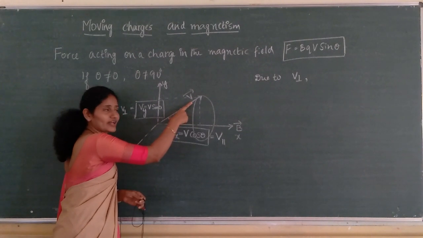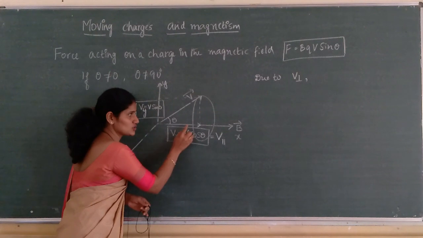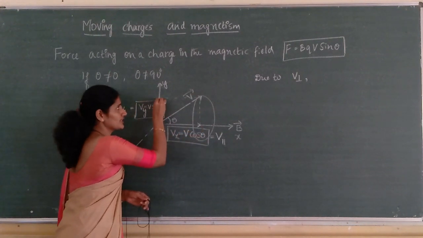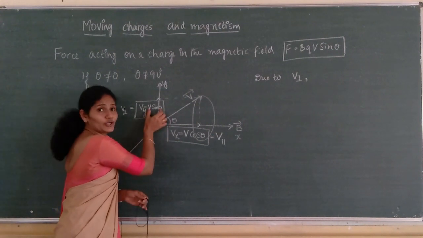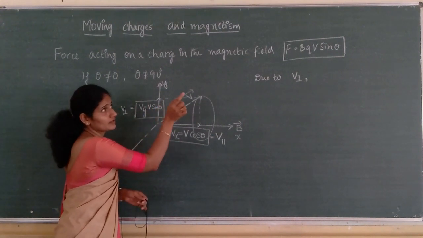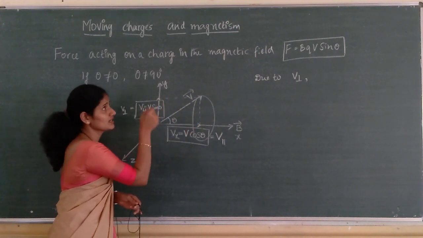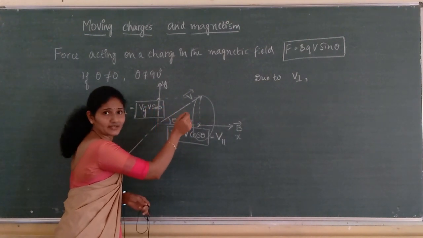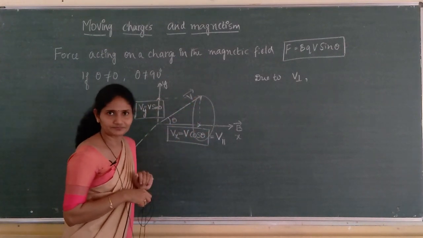We are resolving the v vector into its components. One component is along the x-axis, that is v cos theta. Another component is along the y-axis, that is v sin theta. So due to this perpendicular component, F is equal to BQV. There is a force acting on the particle, and due to that force, it follows a circular path.